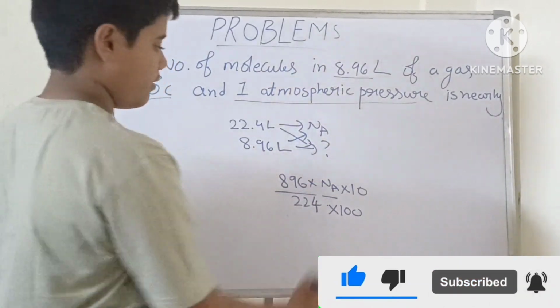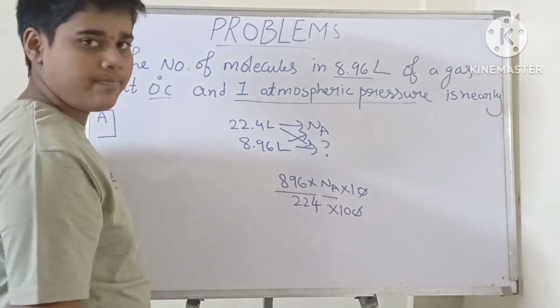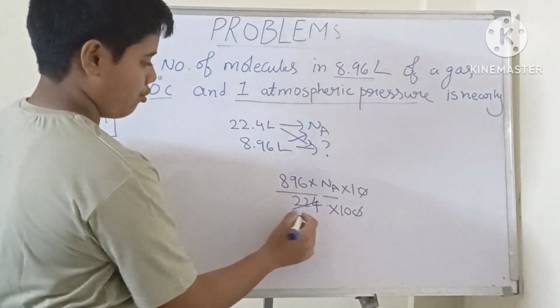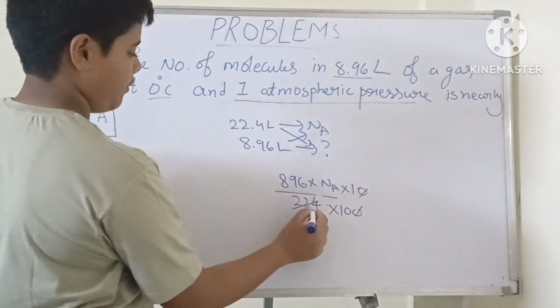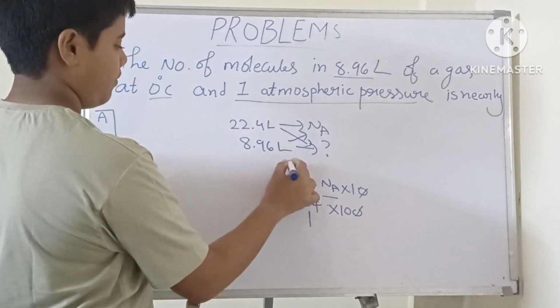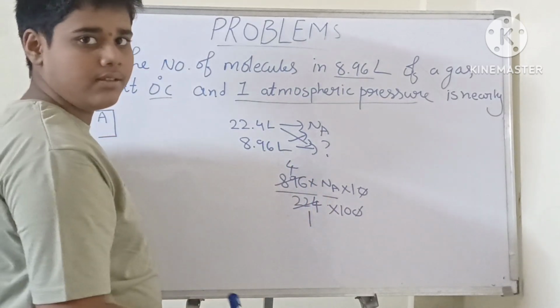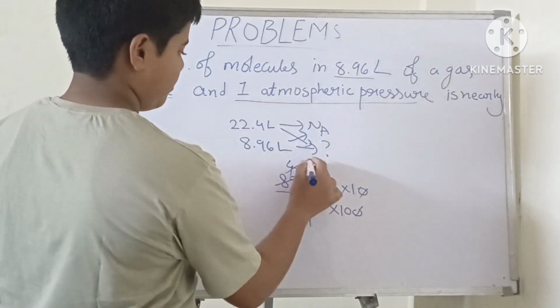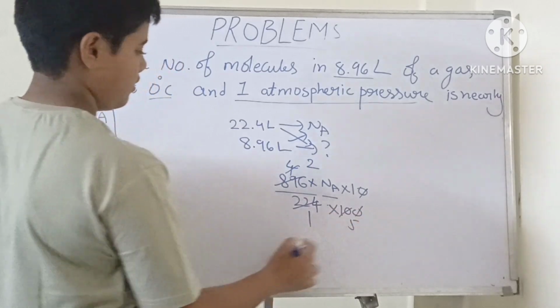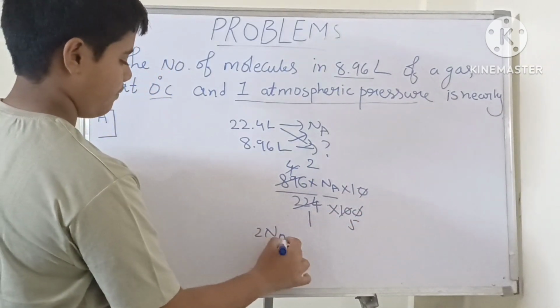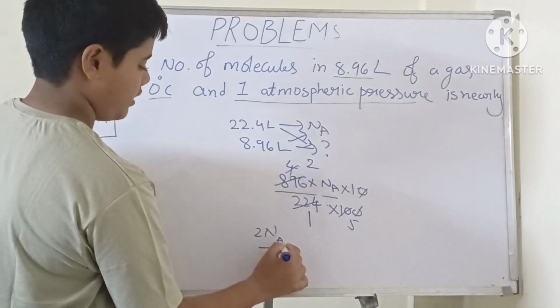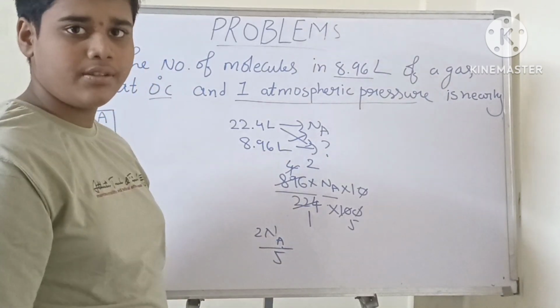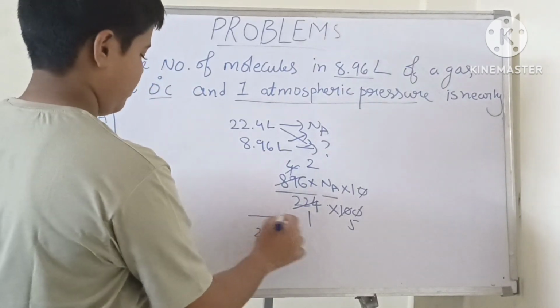Okay. So here 0 gets cancelled and 224 ones are 224, 224 fours are... Okay. So here 2 twos are 4, 2 fives are 10. So 2 NA by 5 molecules will be present in this gas. Okay. So this is the answer.